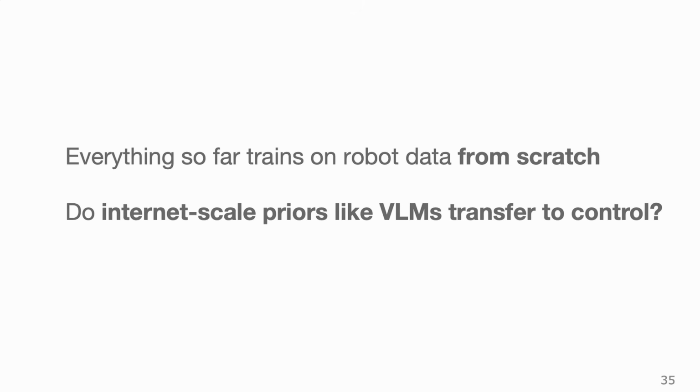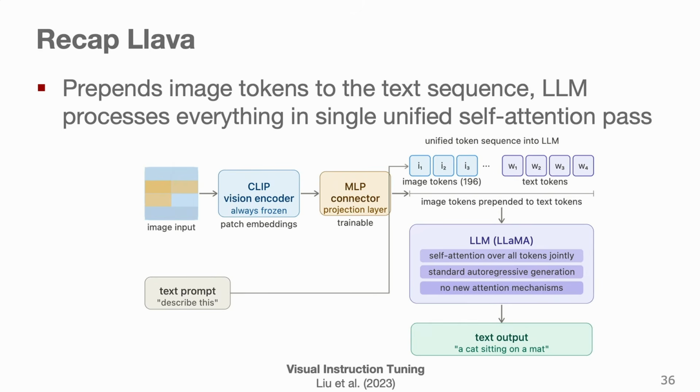So the obvious question to ask is, do internet-scale priors like VLMs also transfer to downstream robotics control? And how would we go about that, right?